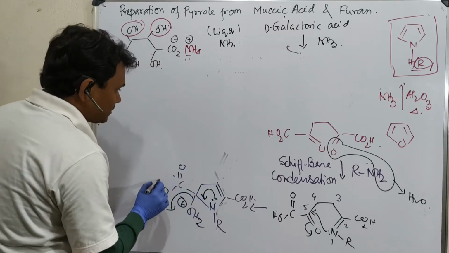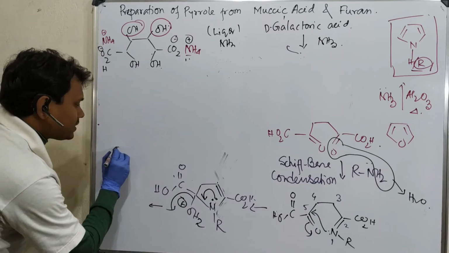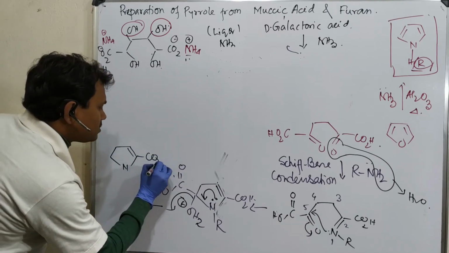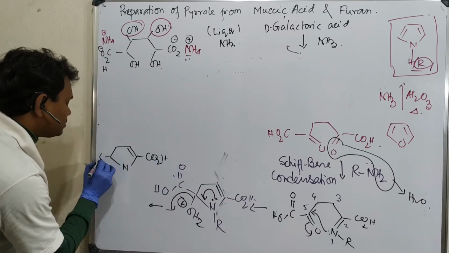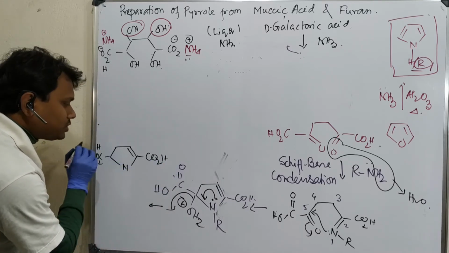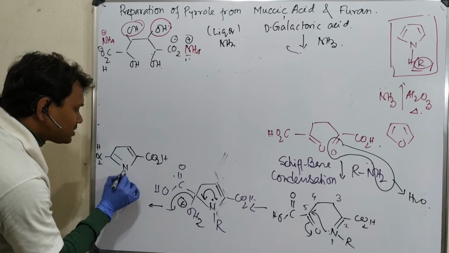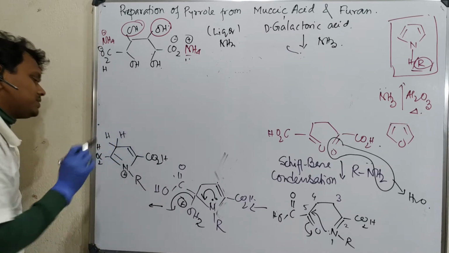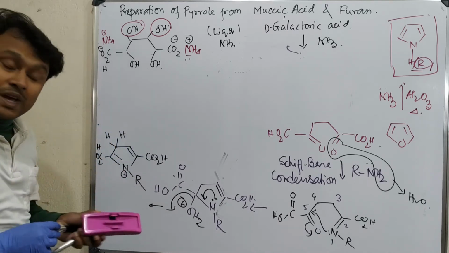So what is the product? It will result in this CO2H, this CO2H. This has a plus charge, and there are still two hydrogens. So in the next stage, what is expected?